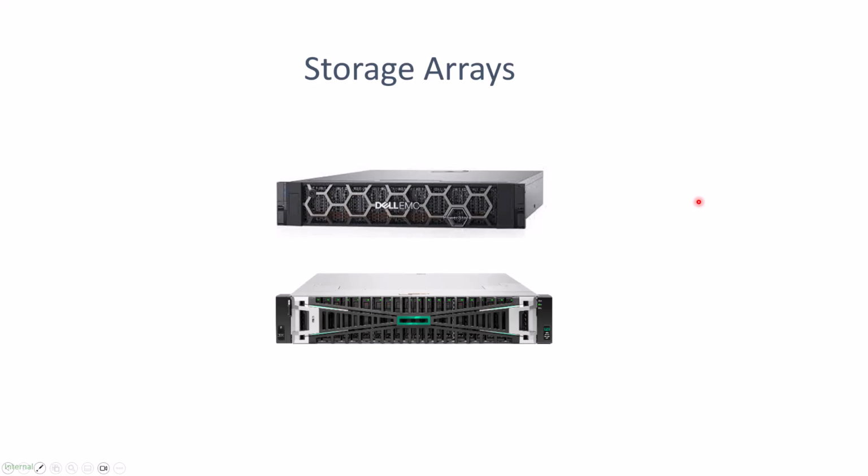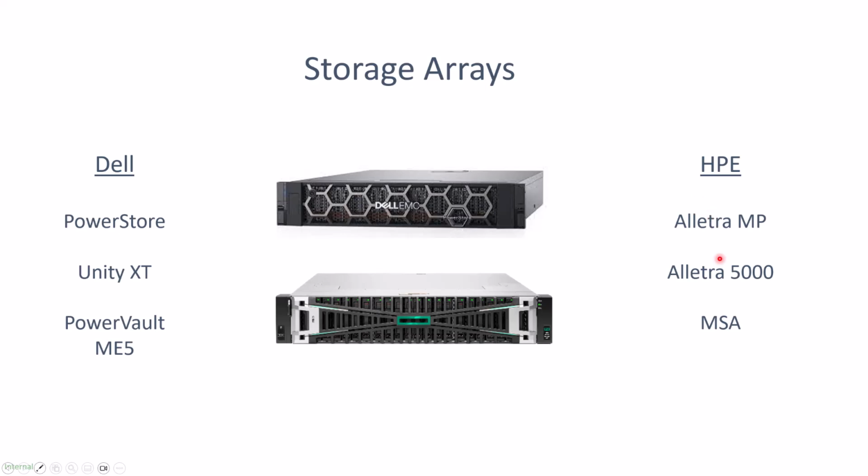You may be familiar with some of the storage arrays or SANs from Dell and HPE. We have here, at the entry level, Dell's PowerVault ME5 or MSA. These are entry level arrays, and they don't have any of that data reduction I was talking about.